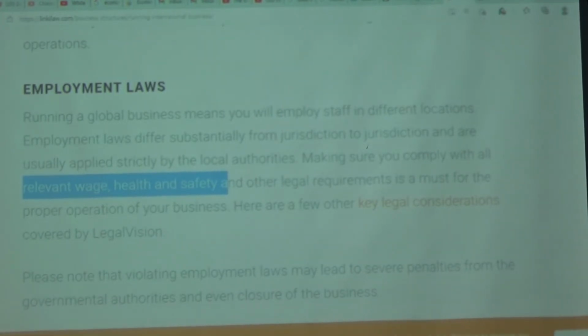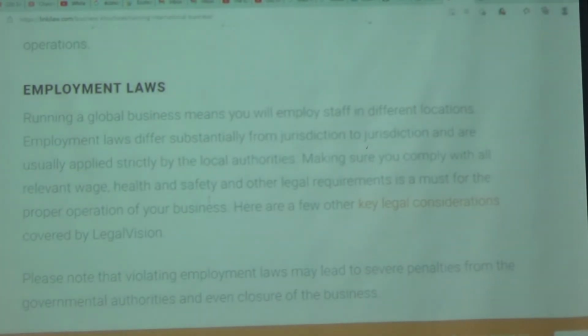So you could say that an employee in Australia gets a salary of some amount, but then their taxes are very high, and we also have superannuation, which the employer is responsible for. So some of those laws make hiring extra employees very expensive.